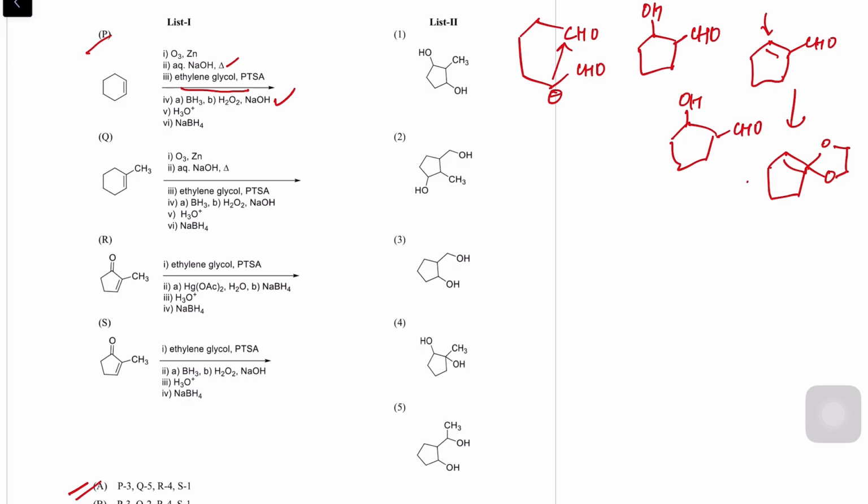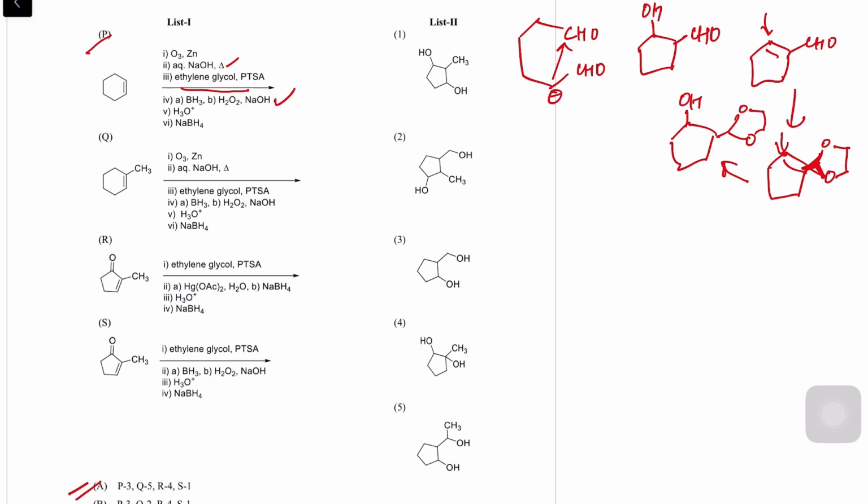Then you react it with hydroboration oxidation, right? Again, this is the double bond and the boron is bulky, so it will attack from here, right? And this will be the ketal. And here also there will be a double bond here and then CH.